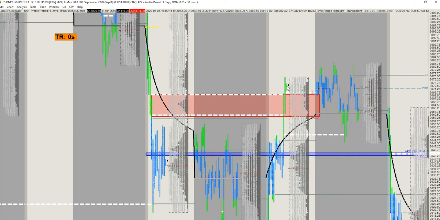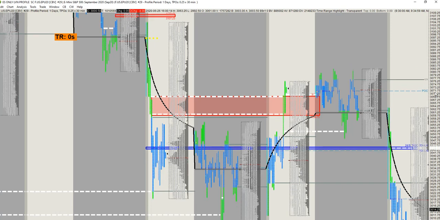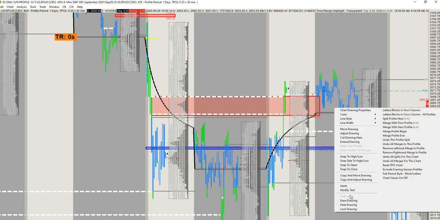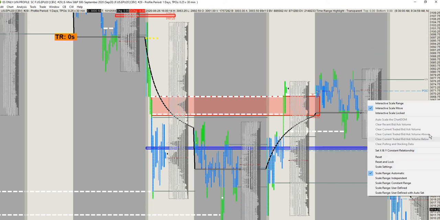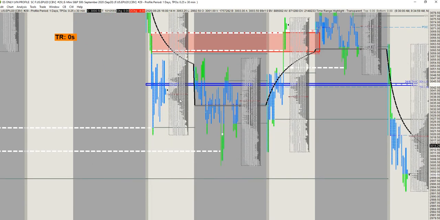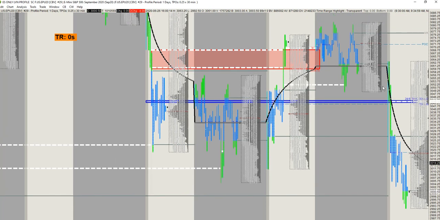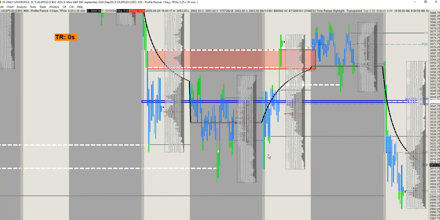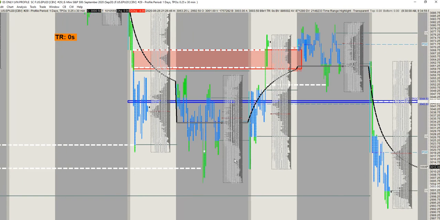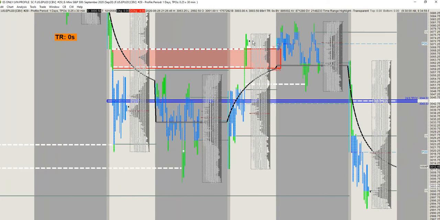Market closed above it, so you want to monitor continuation. Did we get continuation here? No, we did not get continuation. So basically, lower value, market closes above. Do we get continuation in the overnight? Nope, we fail. Again, context is very important. As you can see, yes, we had a market that closed above.